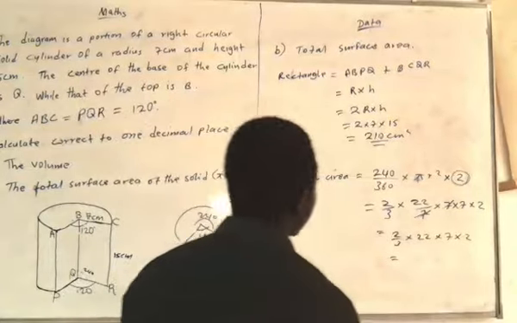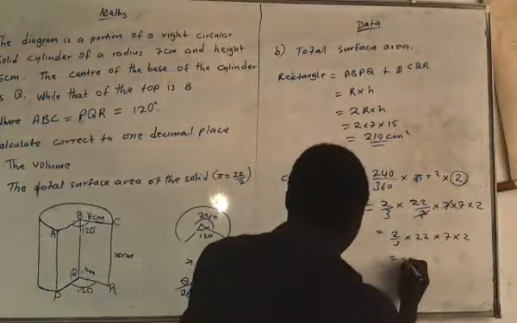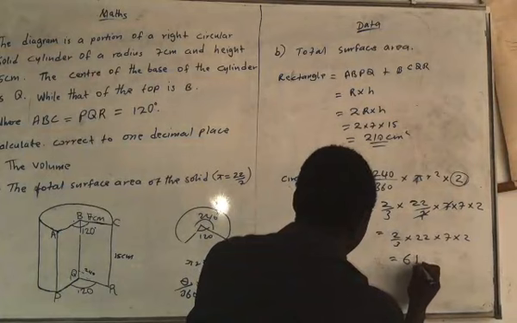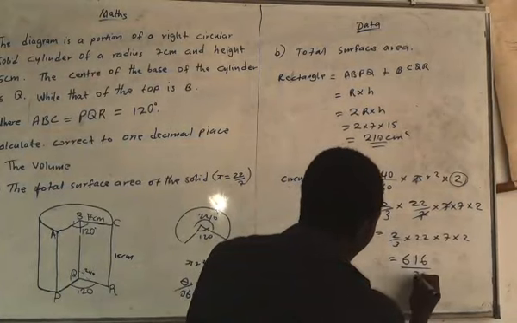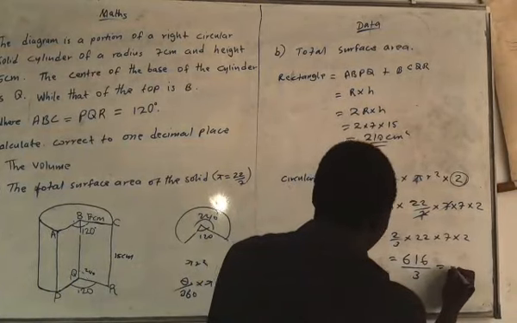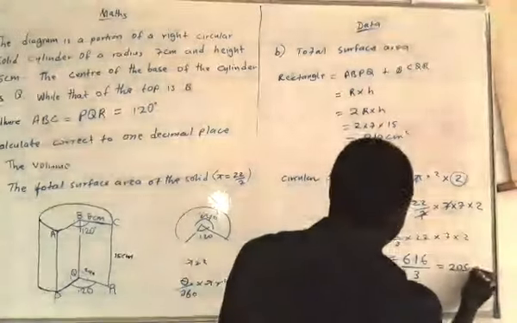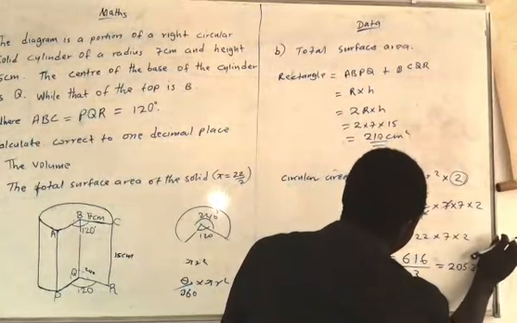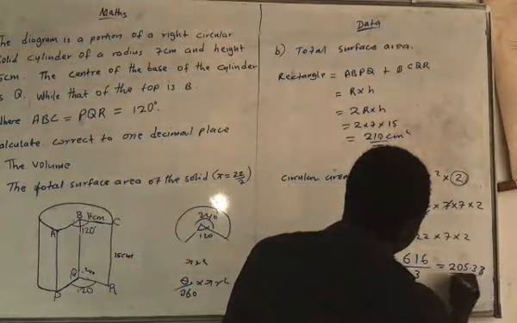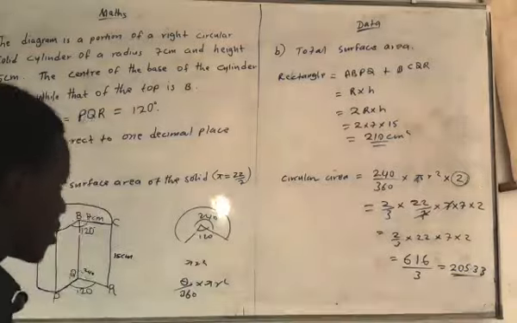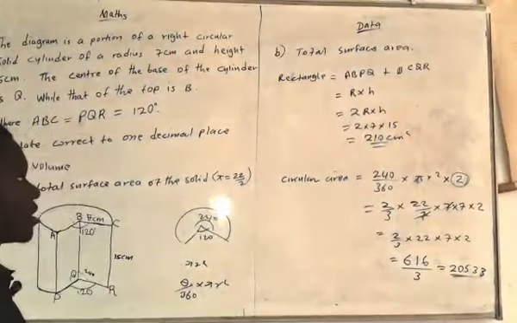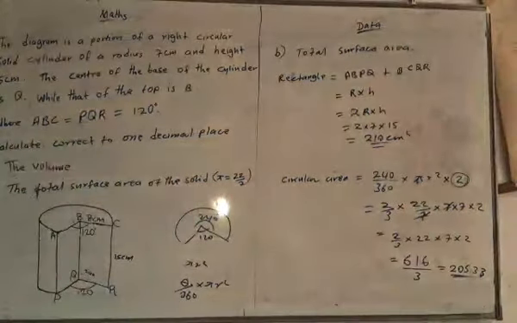If we divide by 3, everything up is 616 divided by 3. If we do that, it gives us 205.33. So this is the total area for the sectors, which are the circle up and down.